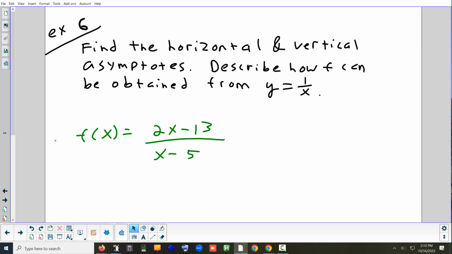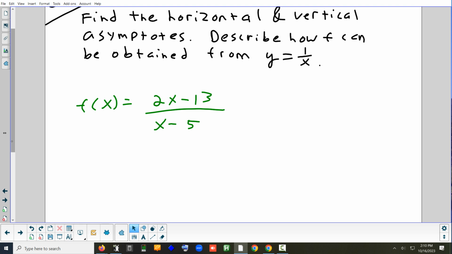Okay, so this one says find the horizontal and the vertical asymptotes. Now, the problem with this one is it's not set up quite the way that we want.